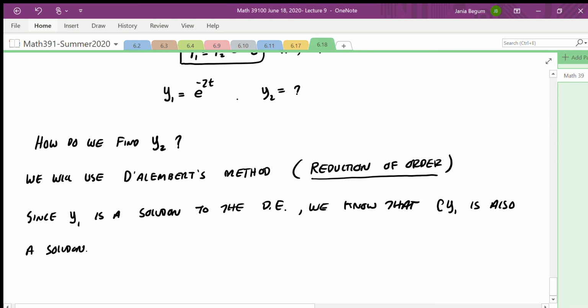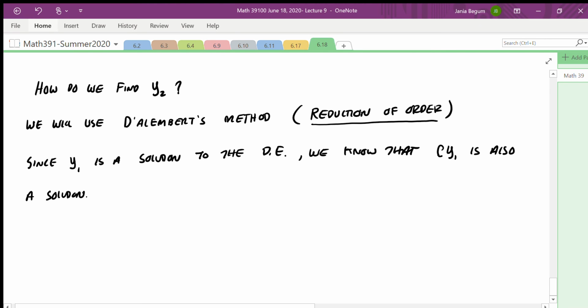So what D'Alembert said is, what if you replace the constant with a function? Okay, so that's the idea. We're going to replace the constant c with a function.